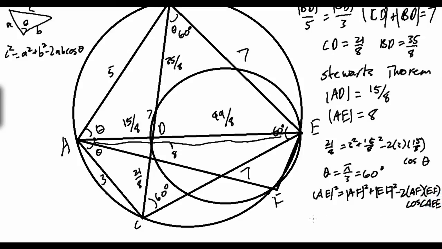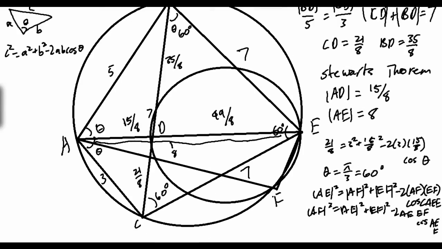And then AF squared equals AE squared plus EF squared minus 2 AE EF cosine AEF. I think it's AEF. Wait, is it? Yeah. Sorry, it's cramped, man.